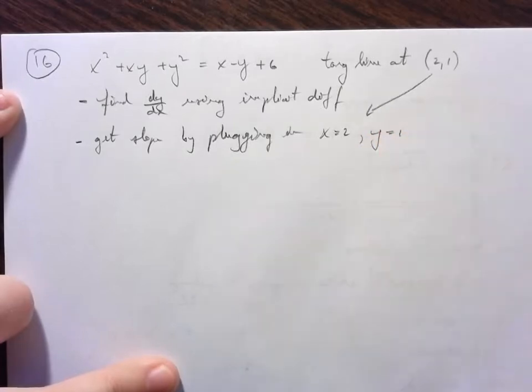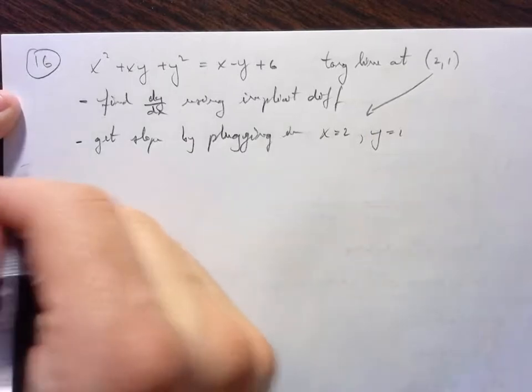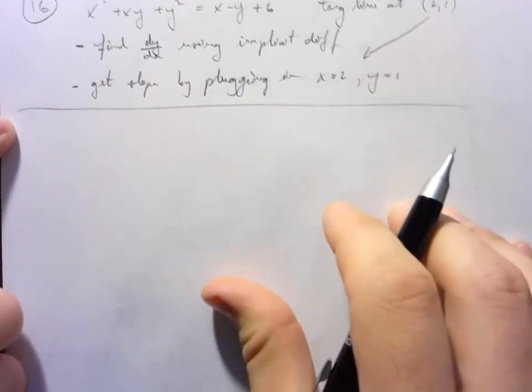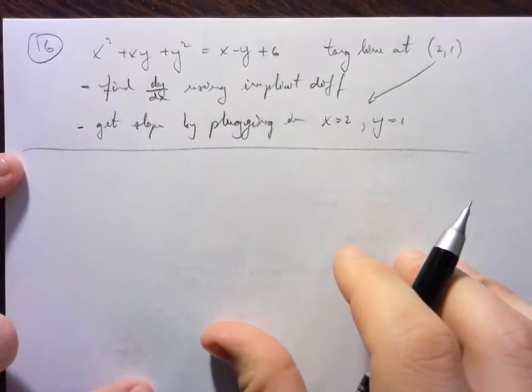The coordinates of our point. So once you have the slope, then you write the equation of the line. I'm not going to do it. This should be fairly straightforward.